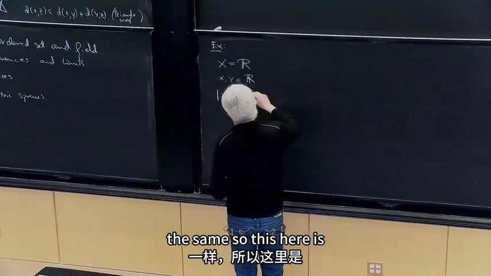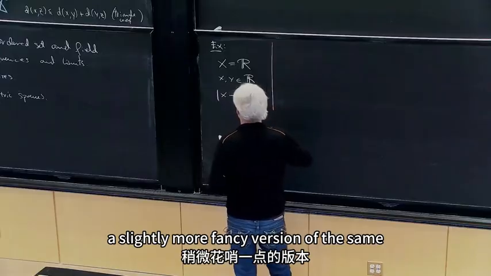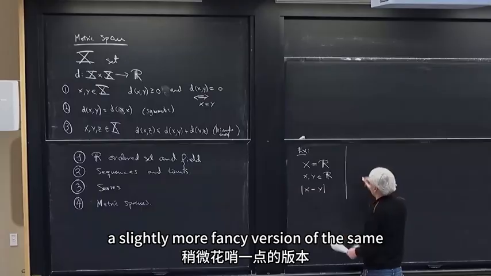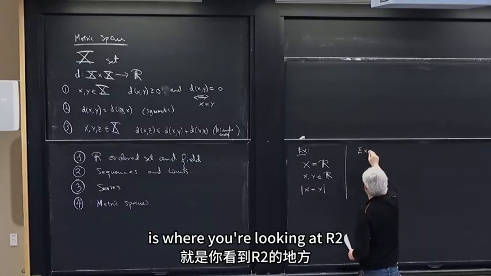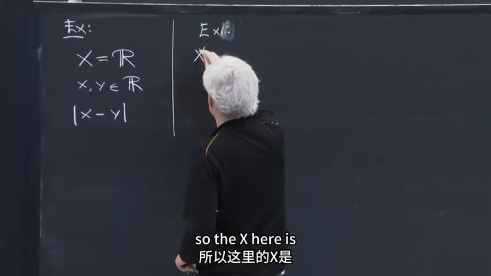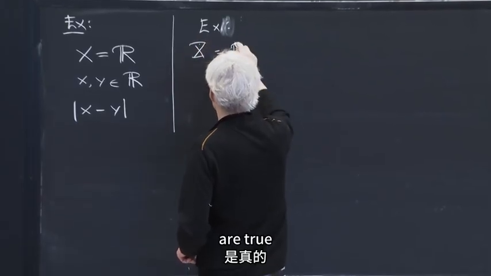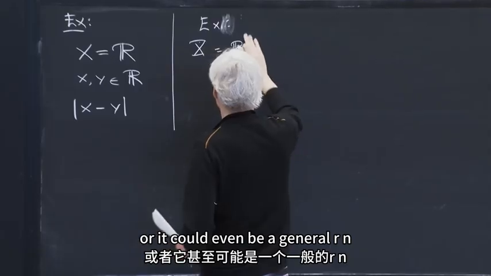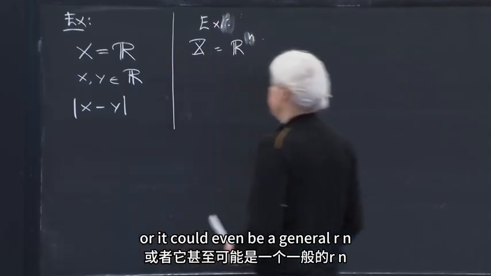A slightly fancier version of the same is where you're looking at R2, or it could even be a general Rn.